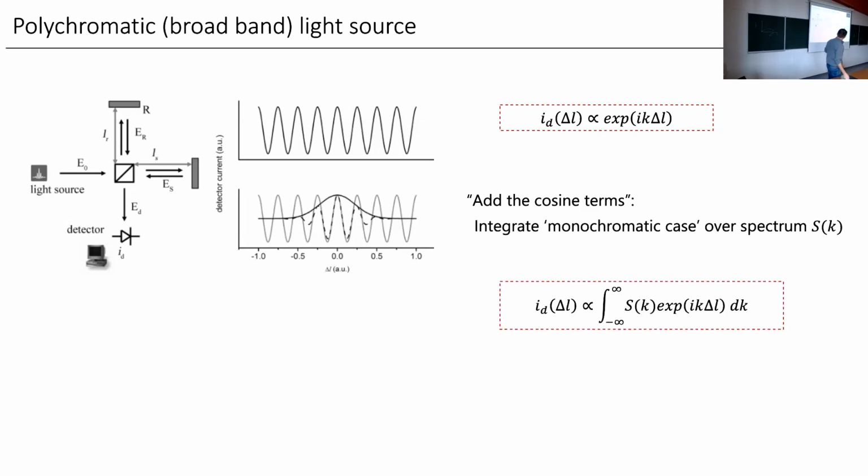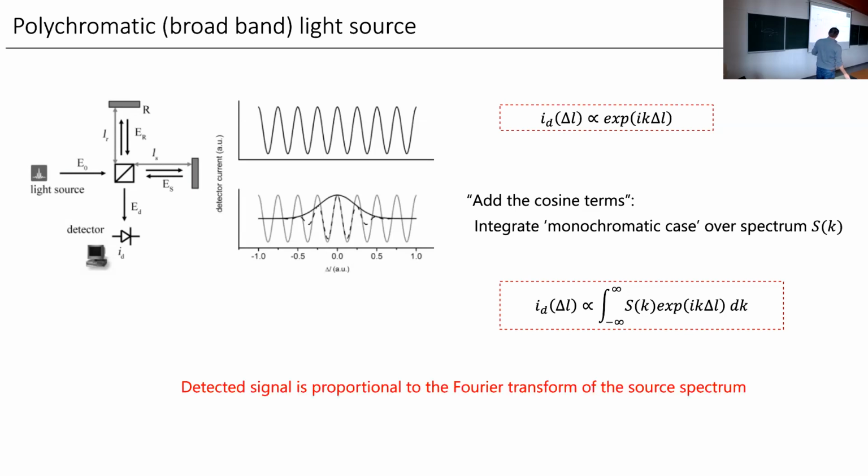So we can take this complex representation of one wavelength, weight it with the source spectrum, the strength of that source spectrum, and then add it. Of course, you can see that this is exactly the Fourier transform. It means that we can obtain my detector signal as the Fourier transform of the light spectrum.